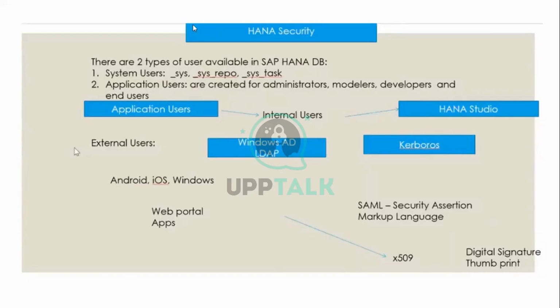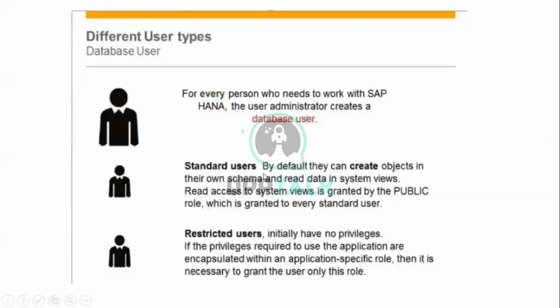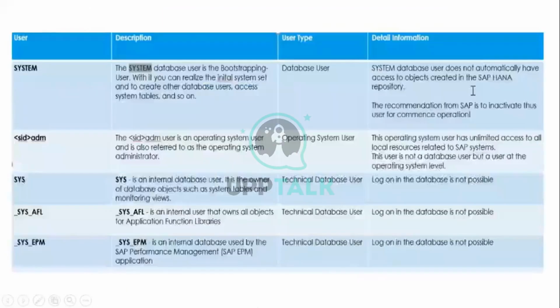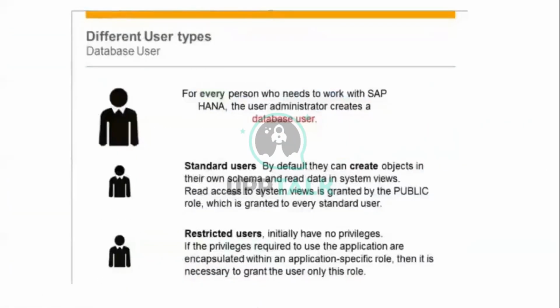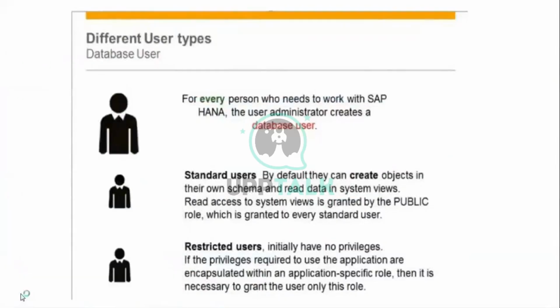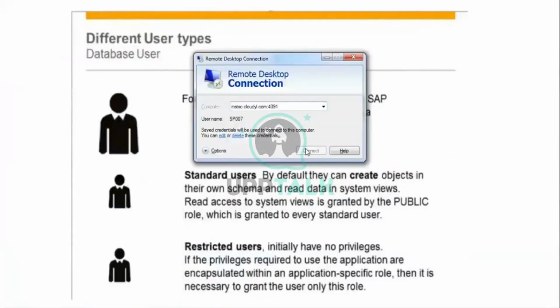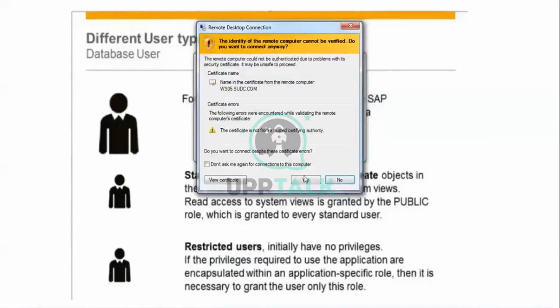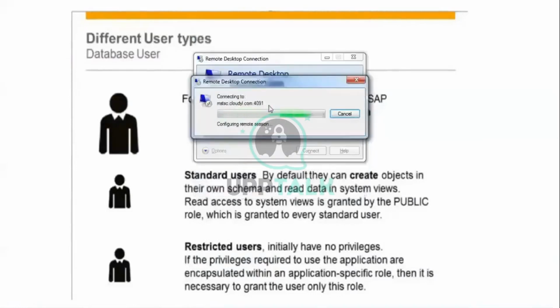Let me quickly explain what kind of users we have. And before that, I want to just show you how the application looks. We can access HANA DB using multiple applications.